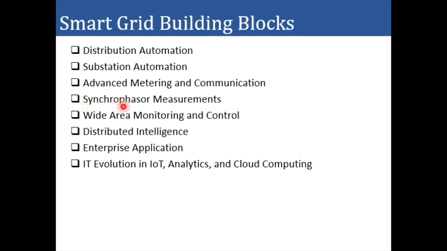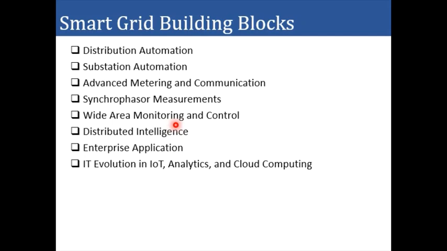The next important building block is synchrophasor measurement. Synchrophasor measurements are generally taken by the phasor measurement units, which are time stamped using GPS clock. We'll discuss this synchrophasor measurement in detail in the next couple of videos when we discuss the smart grid measurements. And also we'll discuss the wide area monitoring and control, because when we install the phasor measurement devices in the transmission or the distribution system, we have better monitoring and control of a wider area.